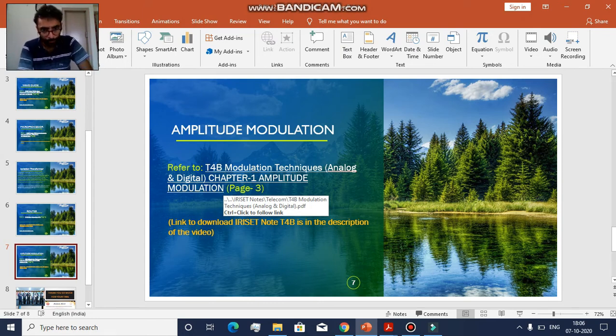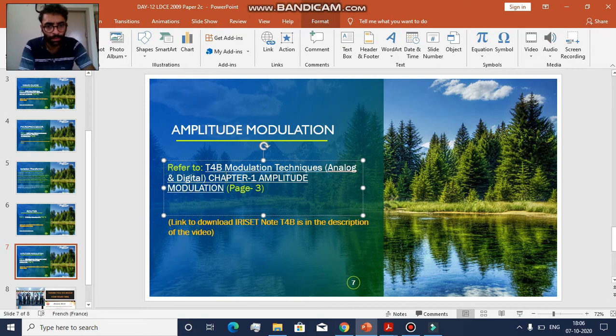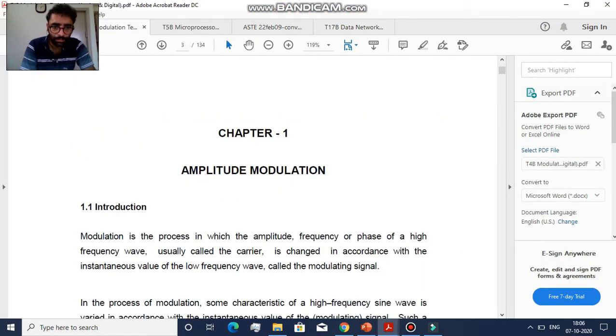It's on page number 3. Okay, so I'll just open up this particular module. Amplitude modulation, as you can see, is chapter 1. Now modulation, first of all, let's understand what modulation is. Modulation is the process in which the amplitude, frequency or phase of a high frequency wave, usually called the carrier, is changed in accordance with the instantaneous value of the low frequency wave called the modulating signal.